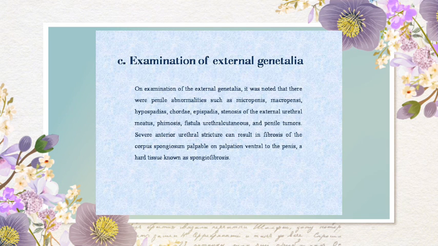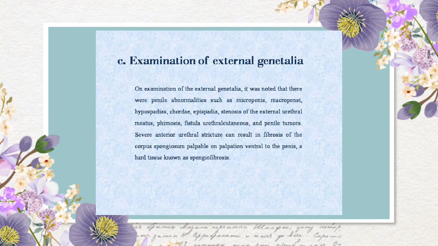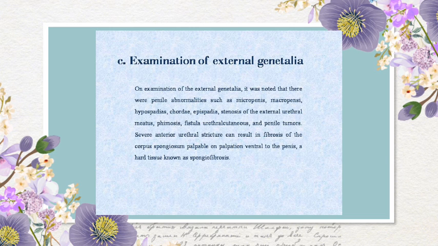Severe anterior urethral stricture can result in fibrosis of the corpus spongiosum, palpable on palpation lateral to the penis as hard tissue known as spongiofibrosis.